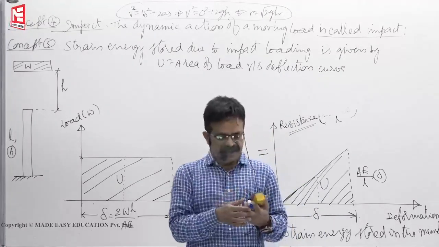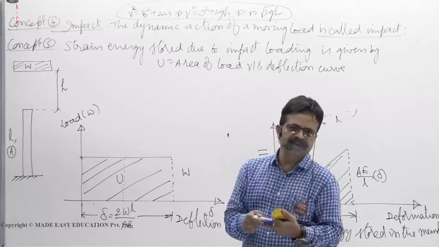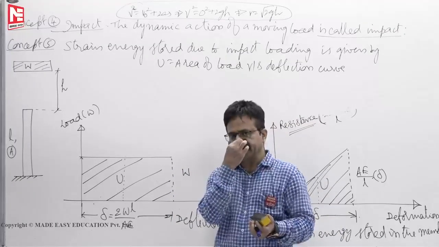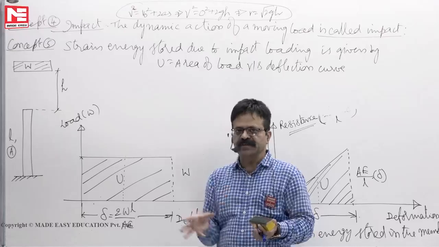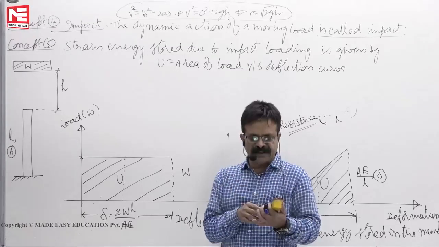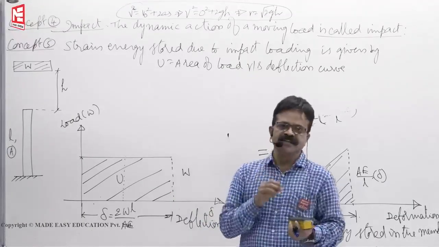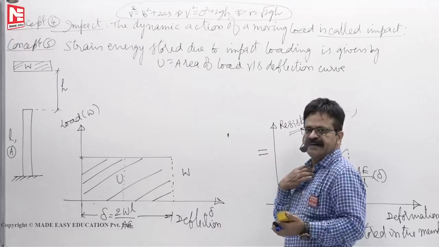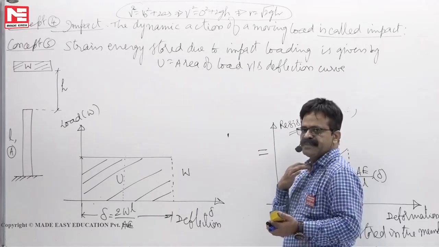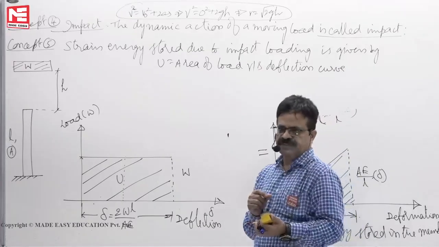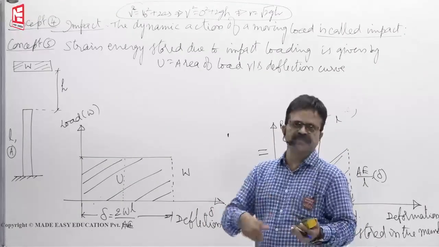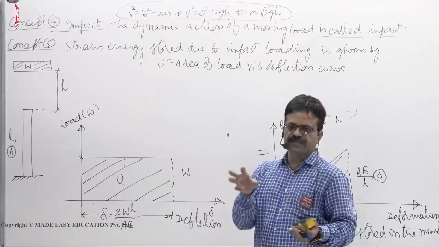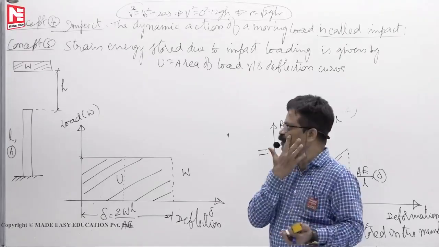Impact factor sometimes you take 1.25 or 1.5 like that. That means 25% load extra you have to apply on the members to get the equivalent dynamic effect. So in the gantry girders in the design of steel structures, and railway bridges also, we will see how much impact factor, so that how much impact load we have to add.